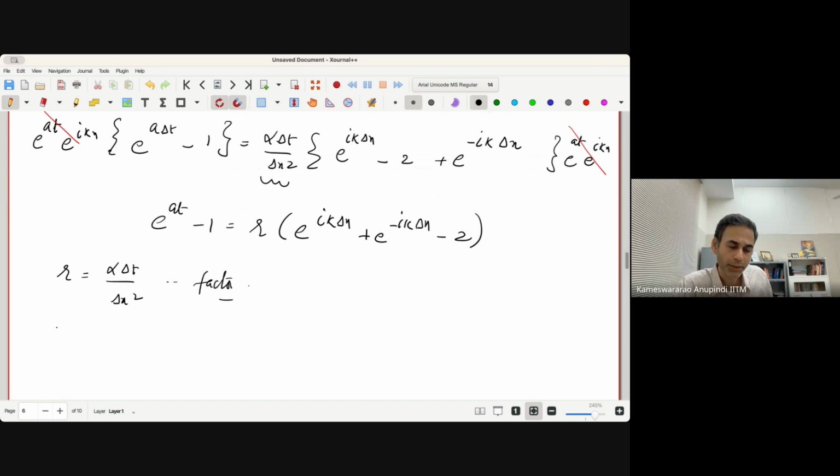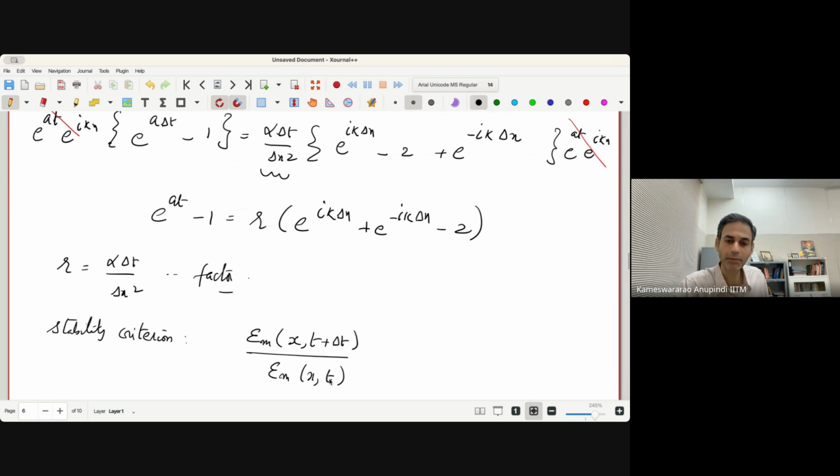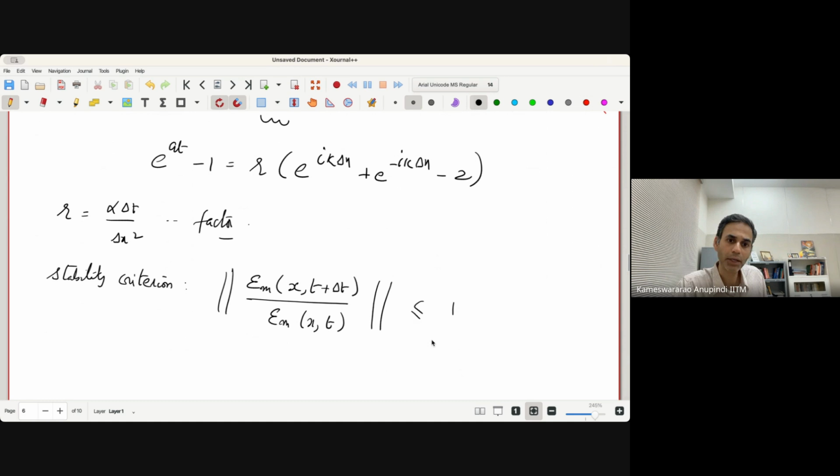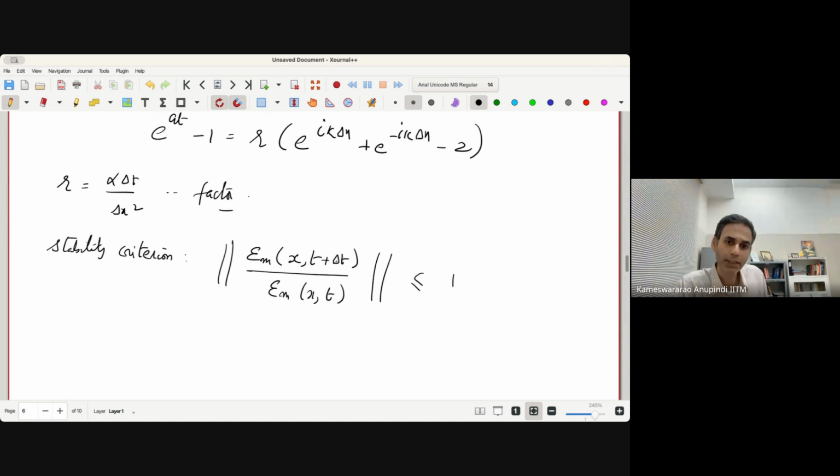But then what is our stability criterion? Stability criterion is epsilon m at spatial location x at time t plus delta t divided by epsilon m at spatial location x at time t. We want the magnitude or modulus of this to be less than or equal to 1. That is our condition. But then what is epsilon m at x comma t plus delta t?